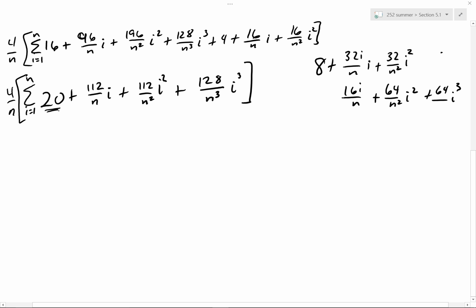All right, so again, if you add 20 up n times, you will get 20n. Okay? So you're going to have 112n. I'm just going to show this as 2 steps here. And I'm going to leave off the i goes from 1 to n part, just because it gets a little monotonous.